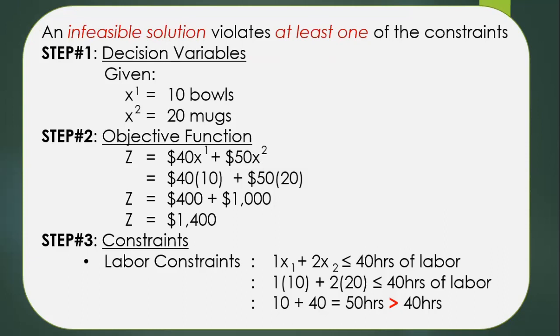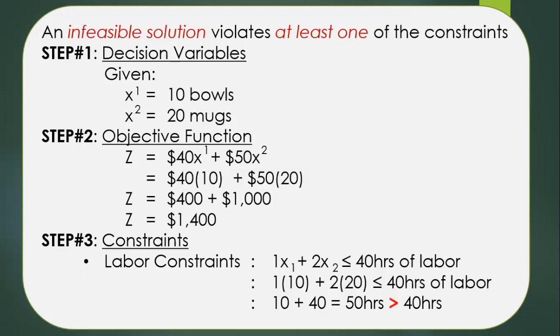So step 3, let us try to see if there is a violation. Let's have our labor constraint. Our labor constraint inequality would be 1 times x sub 1 plus 2 times x sub 2 less than or equal to 40 hours of labor.